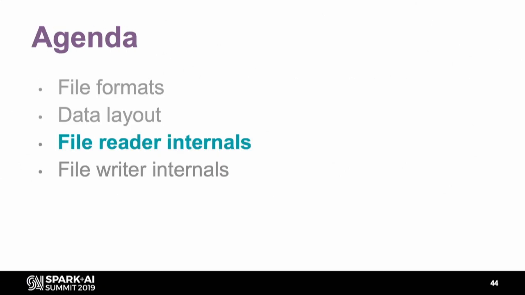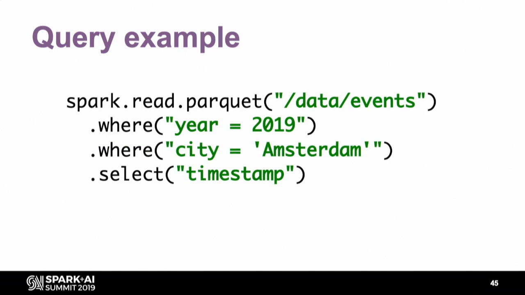So now I have introduced all the built-in file formats and the data layout. I will put it together and show the internals of the file reader. Here is a simple query example. Spark reads all the timestamps which happened in Amsterdam this year.